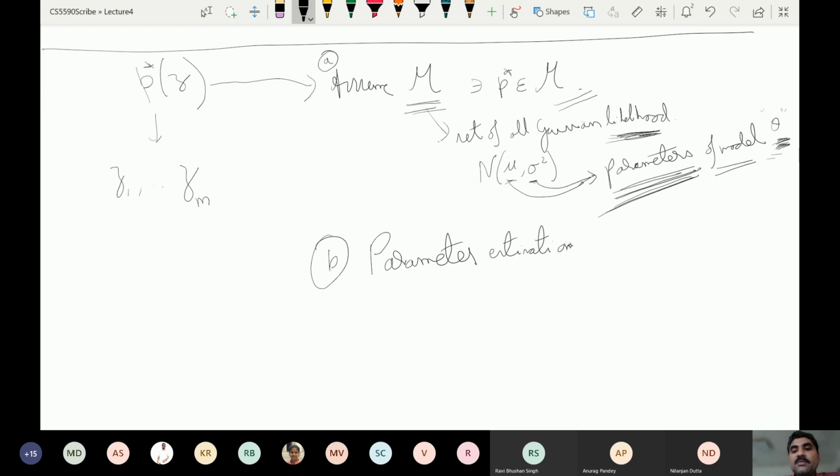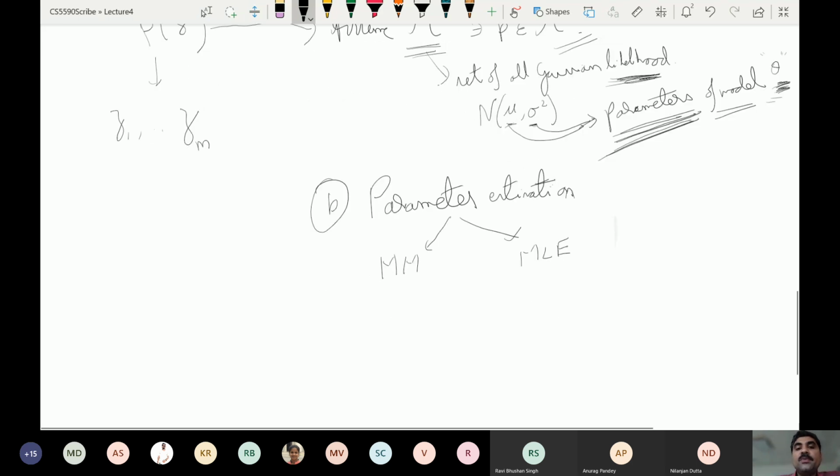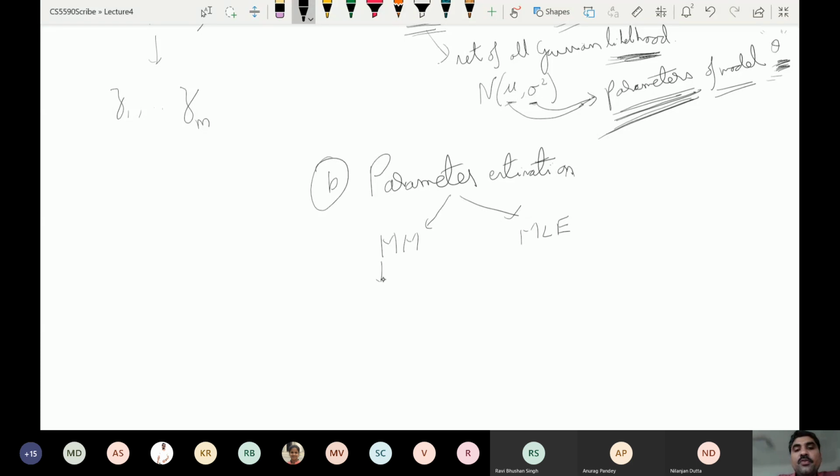Now there are two ways we saw in which parameter estimation can be done. One way is method of moments. The other way is maximum likelihood estimation. So in method of moments, you choose a function psi and then find that theta with which the expectation of psi of x will match the average value of the psi function over the training set.